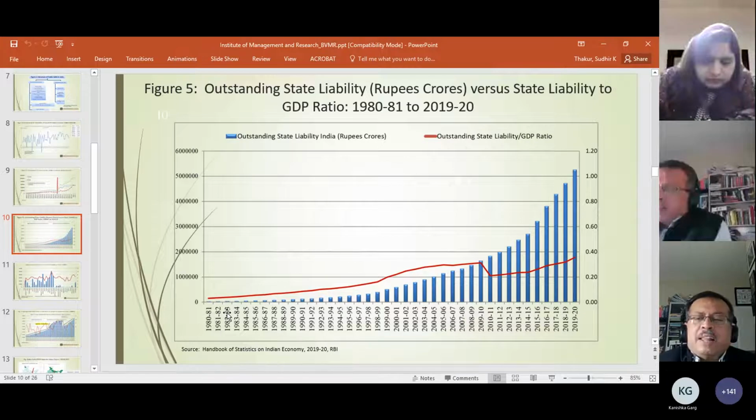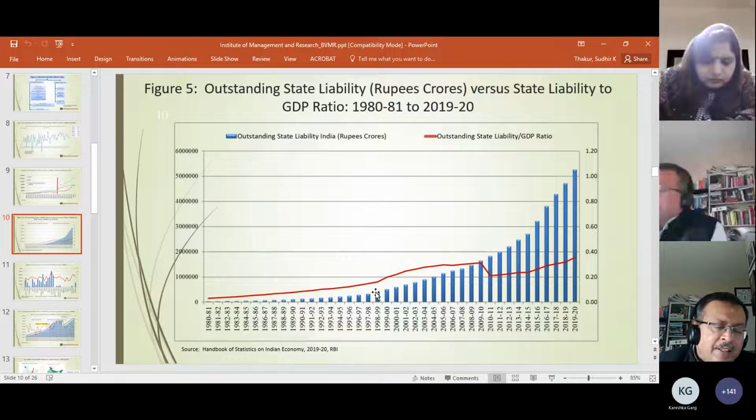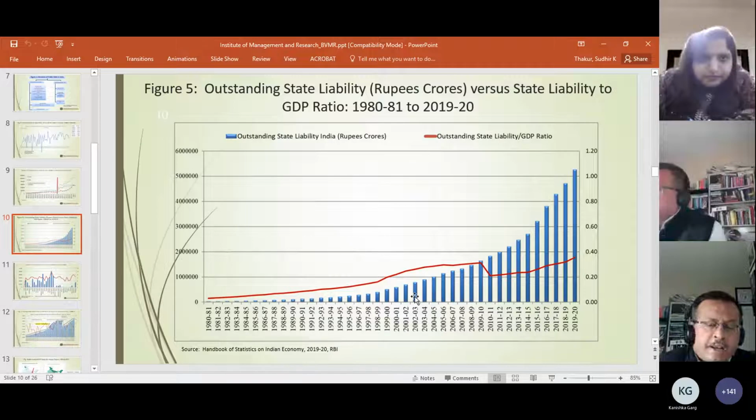You notice that the debt ratio, the outstanding state liability to the GDP, has been increasing since the 1980s, and it really started to pick up after the crisis in the early 1990s, 1991, when India faced the balance of payment crisis because of the Gulf War, a crisis along the front of import bills not being met, a slump in exports, a worsening credit situation, and loss of investor confidence, because of which India had to draw more and more on its debt levels. Debt levels continued to increase till about 2009-10. After that, it dipped a little bit, but then it has continued to increase.